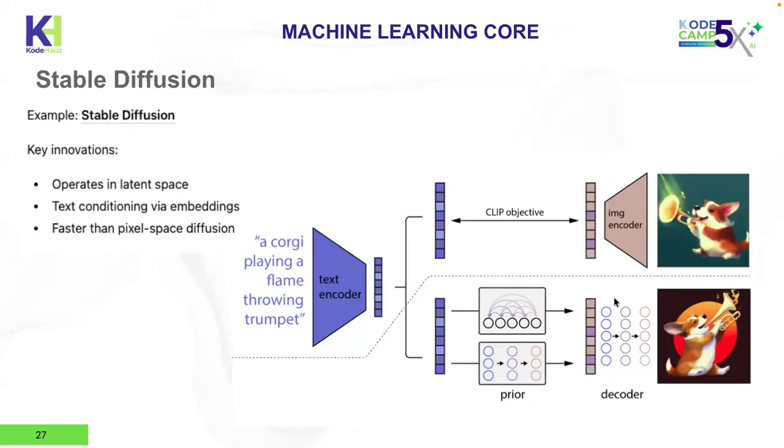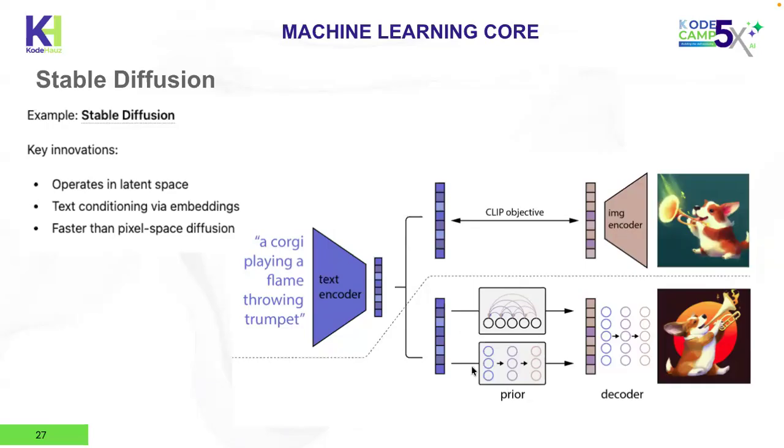But before passing it to a decoder, you have this model that you have trained to be able to map the latent space representation of the caption to the latent space representation of the image. So being able to train a model that maps the two, it is now able to generate this image.